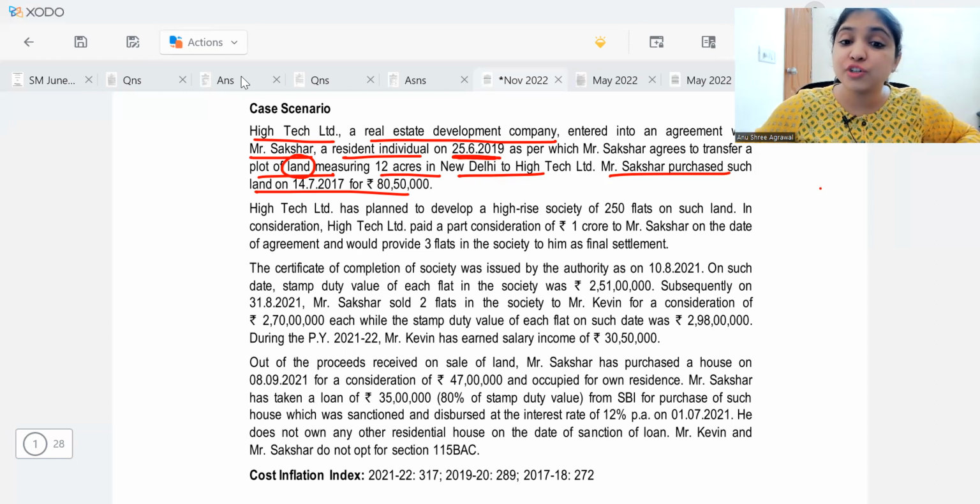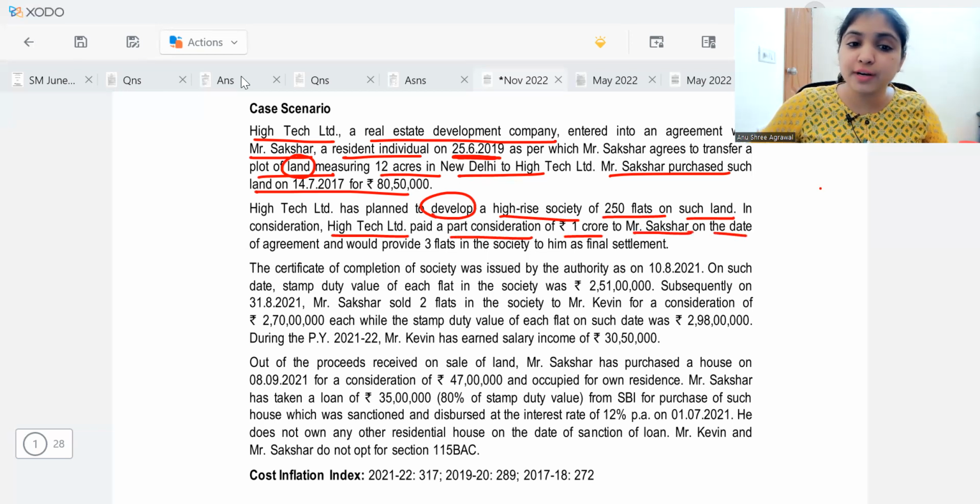High-Tech Limited plans to develop a high-rise society of 250 flats on such land. In consideration, High-Tech Limited paid a part consideration of 1 crore to Mr. Sakshar on the date of agreement and would provide 3 flats in the society to him as final settlement.